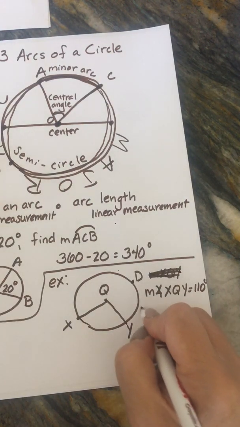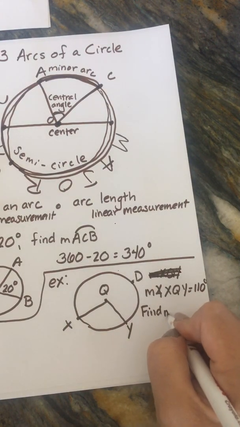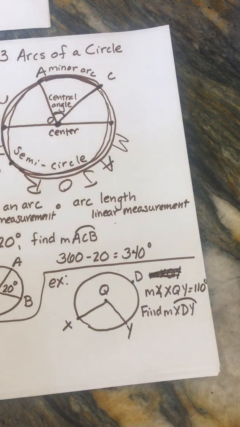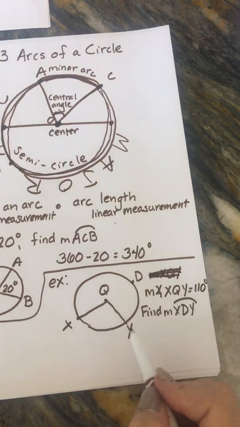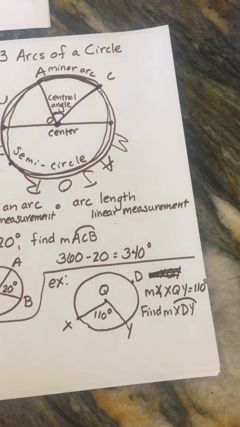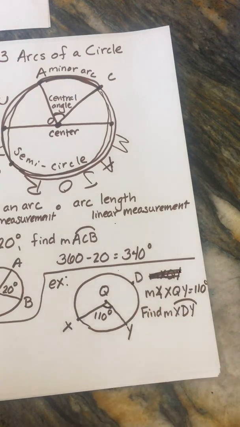We're going to find the measure of arc XDY. So angle XQY is 110 degrees. That's the angle right here. We want to find the arc XDY. Well, if this angle is 110 degrees, guess what this arc measurement is?